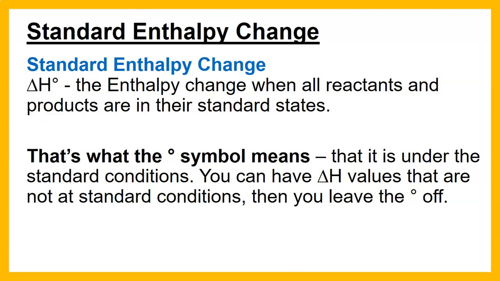You could have something that's at 47 degrees or 1.4 atmospheres. But then things get a lot more complicated, right? Then whatever appendix you have in the back of your textbook may not work. You may need to go find different charts to use to get your numbers. So that little symbol, those standard conditions, makes our life a lot easier. If it's not standard conditions, then leave that little degree symbol off.